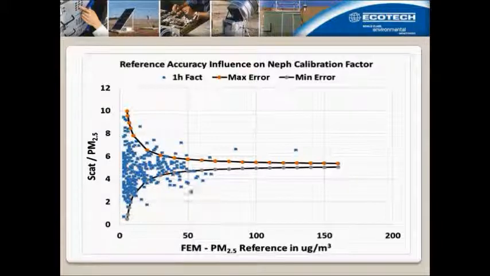And you see also that when you have concentrations less than 50 or maybe 40 micrograms per cubic meter, then just looking at ratios can be very deceptive, and you might think you need to calibrate your nephelometer, but it's more or less an error possibility there.